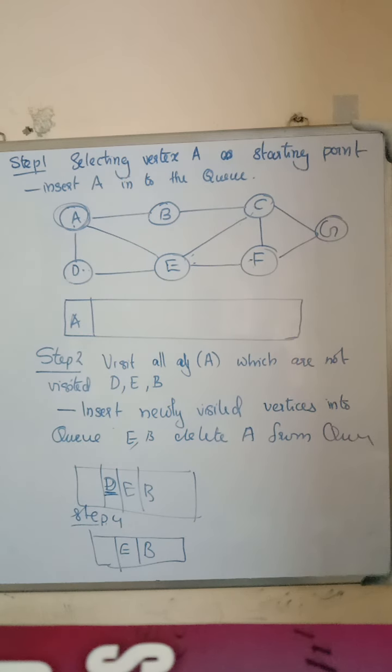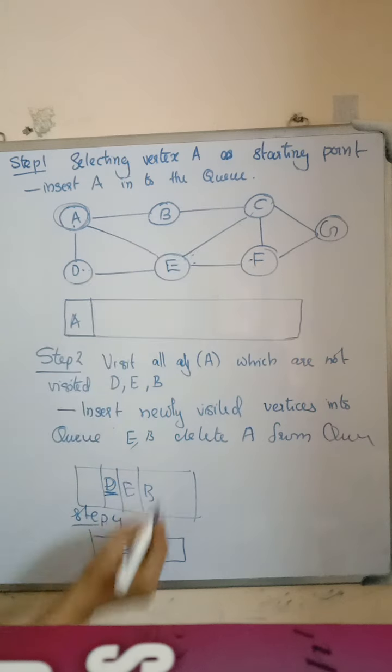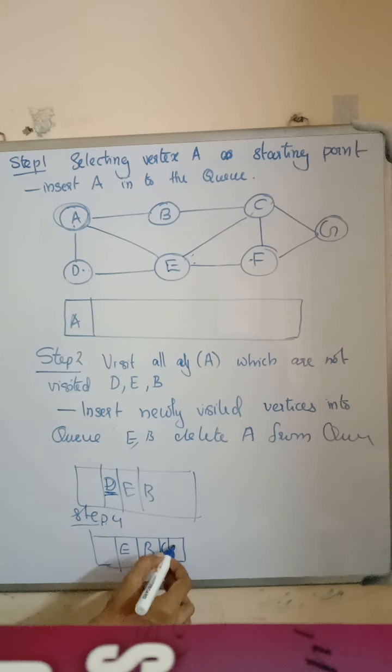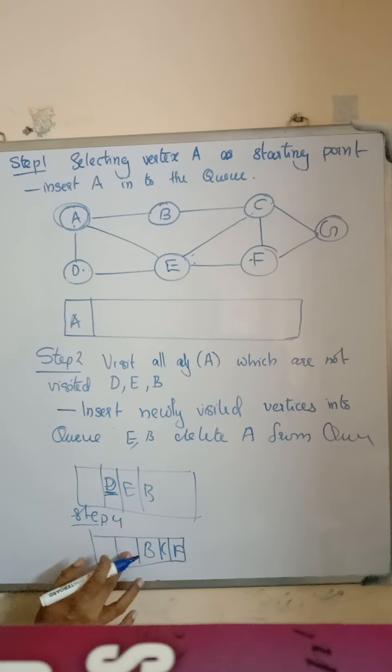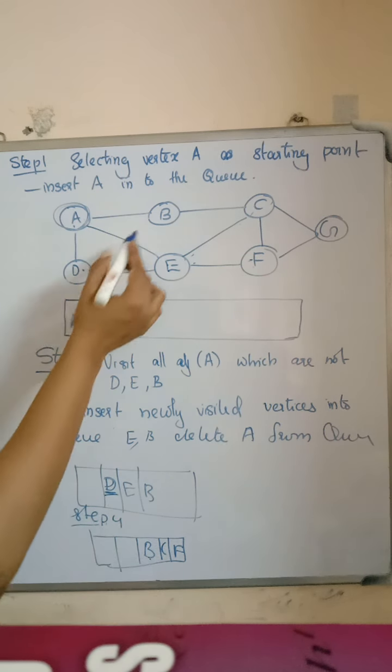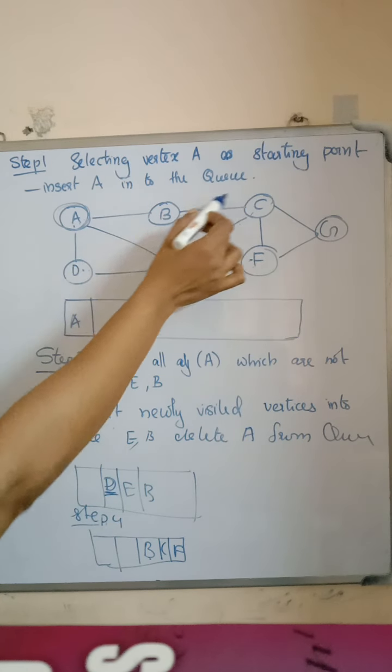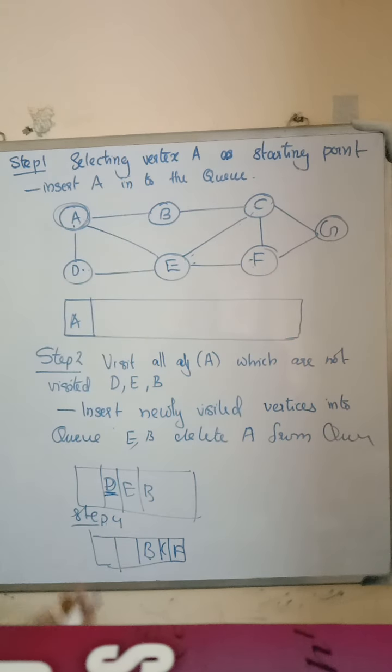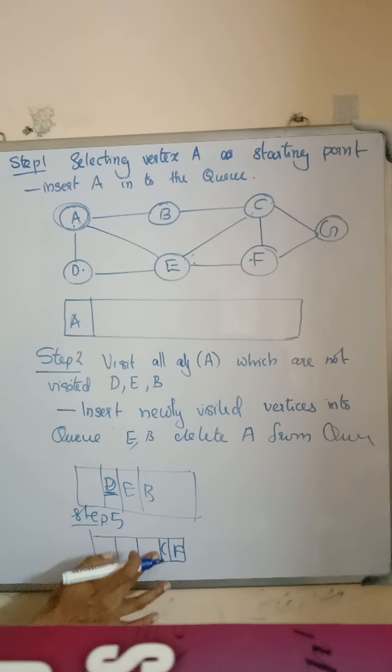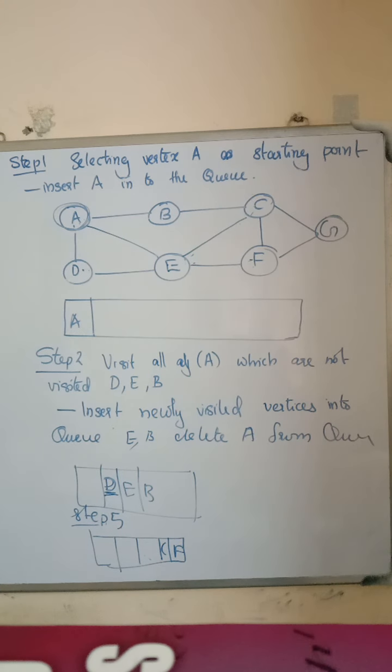So we insert the newly adjacent vertices C and F to the queue and delete E from the queue. Now visit the adjacent vertices of B. Adjacent vertices of B are A and C. A and C are already visited. So now in step 5, we delete B from the queue.